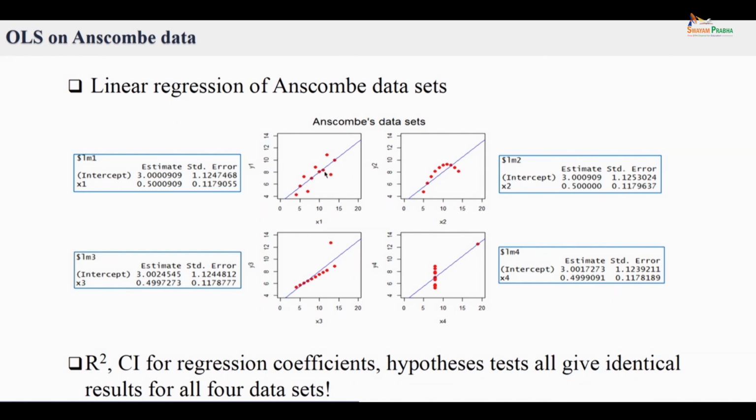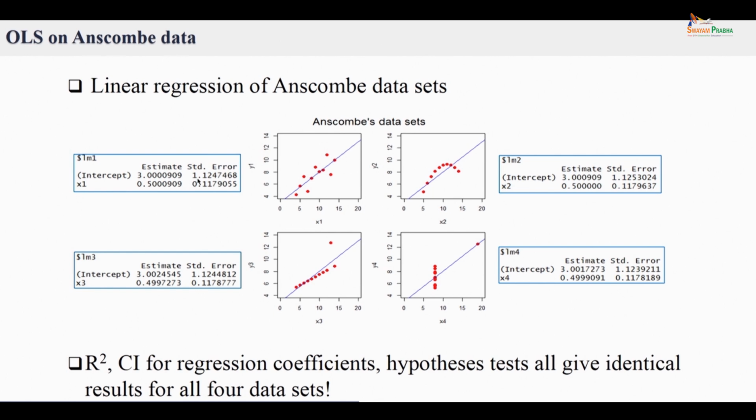Unfortunately, when we actually apply linear regression to these data sets and find the slope and the intercept parameter, we find that in all 4 cases we get the same intercept value of 3, and you also get the same slope parameter which is 0.5 in all 4 cases. So, the regression model, if you fit to any of these 4 data sets, will give the same estimate of the intercept and slope.